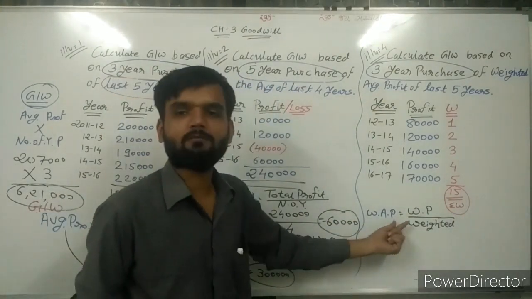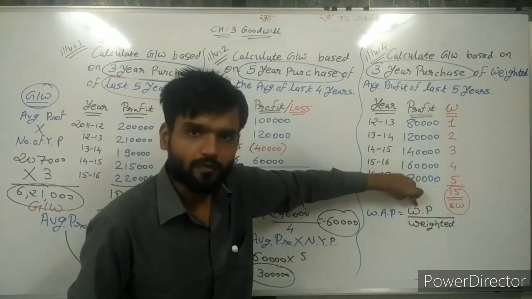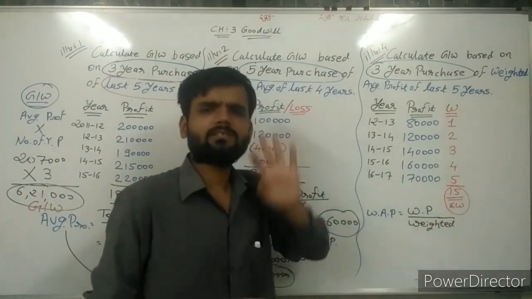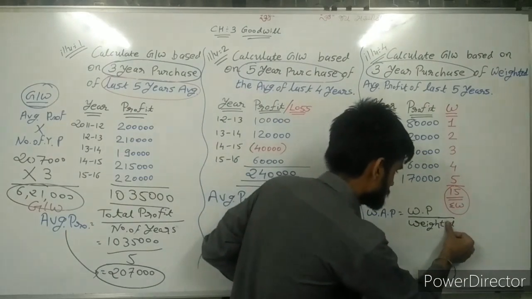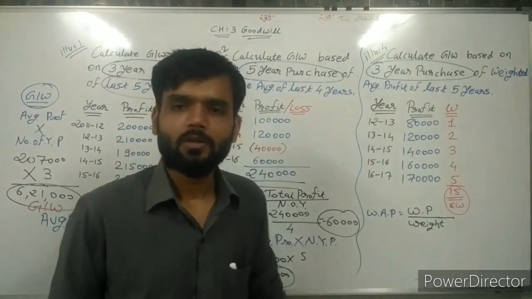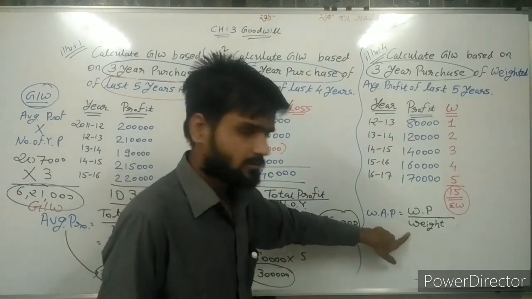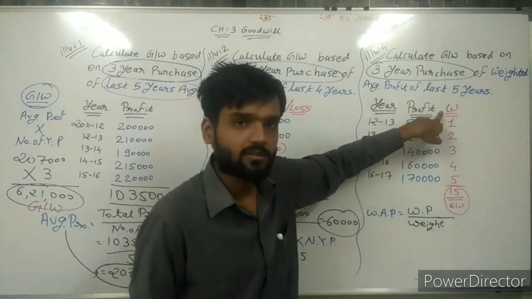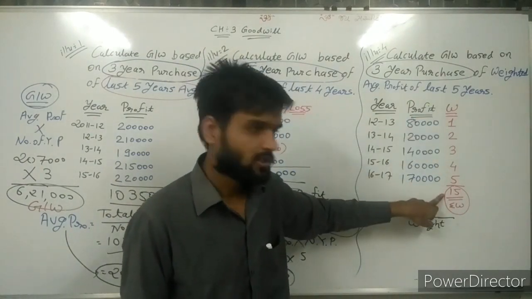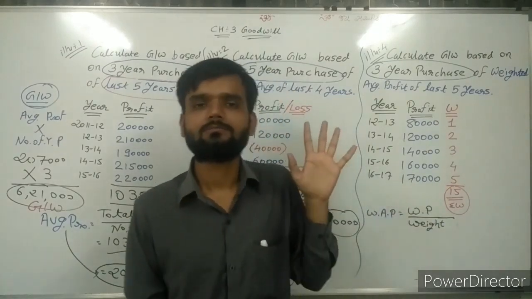Weighted average profit is equal to weighted profit divided by weight. Total of weight is 15, so divide by 15.